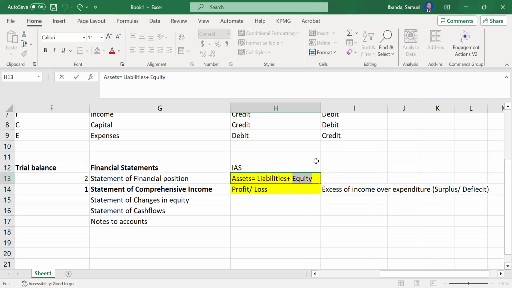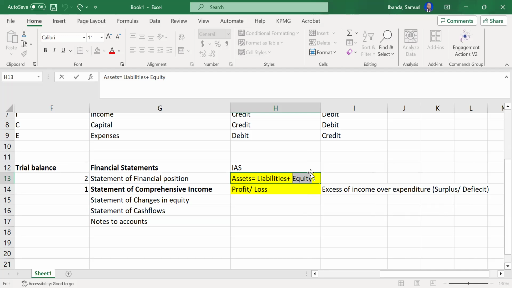When you look at the face of the statement of financial position, you'll see something called retained earnings. So the profit is added onto the retained earnings for the previous period to give you the new accumulated profit or retained earnings.